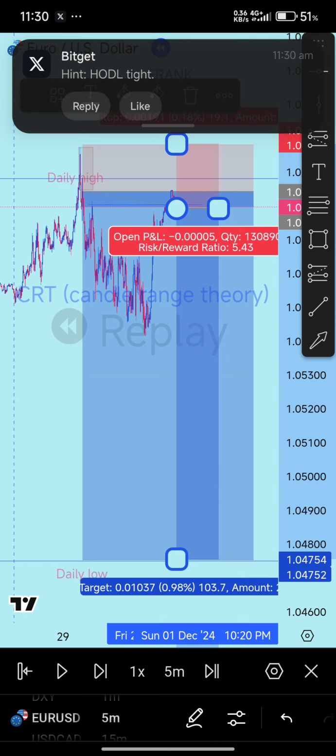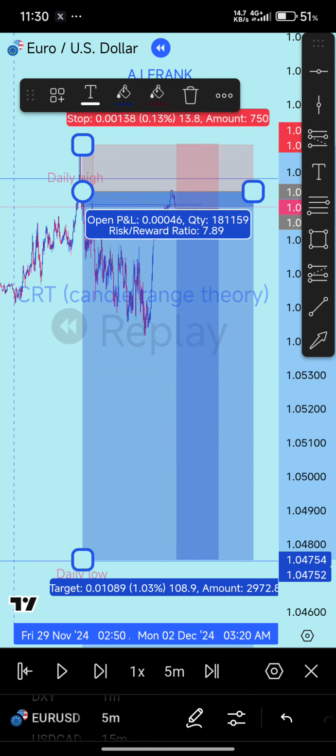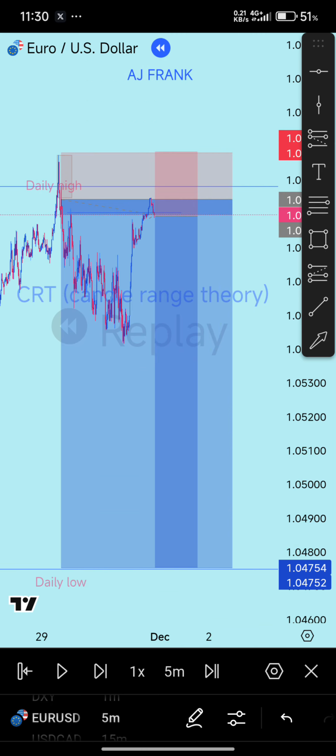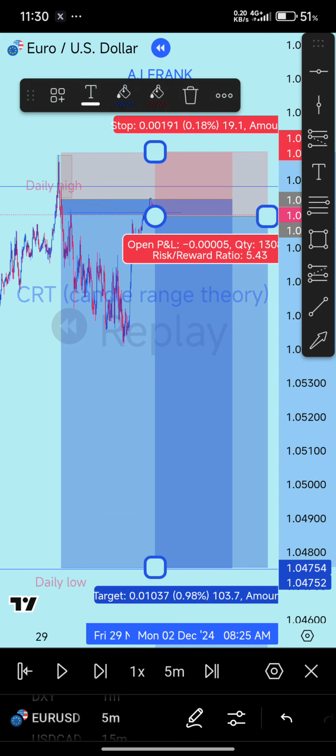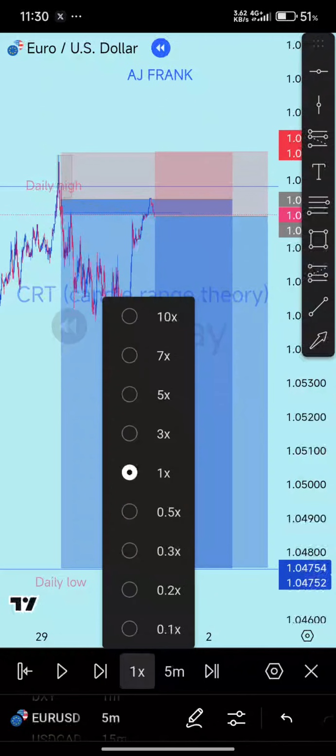We are going for 211 pips. That's what we're going for. We are risking 32 pips for 211 pips, guys. That's massive. So let's just hope that all of them hit TP, and then we can rejoice.